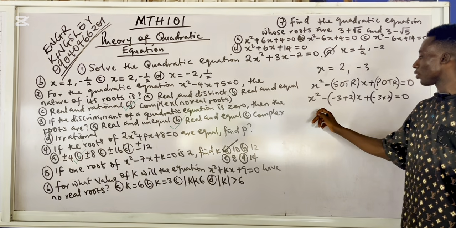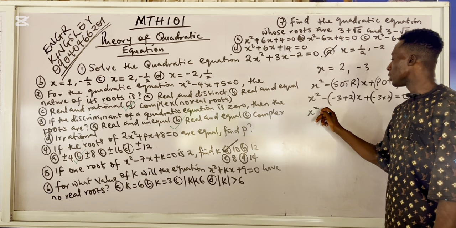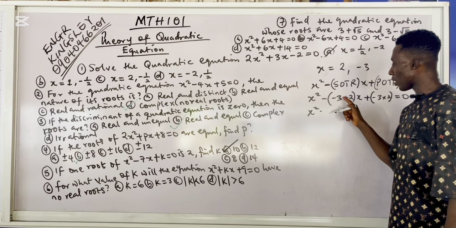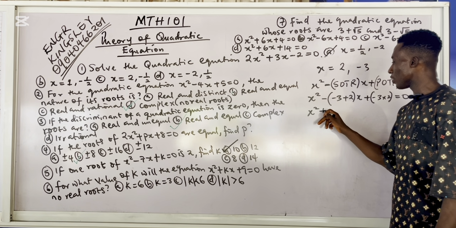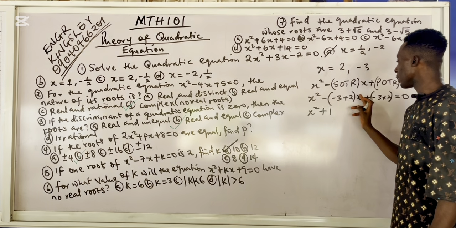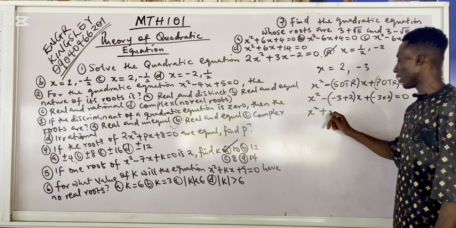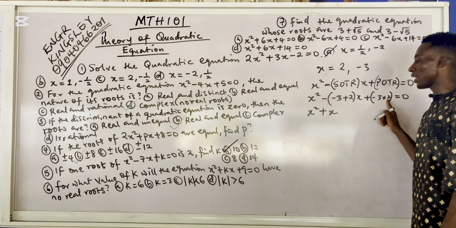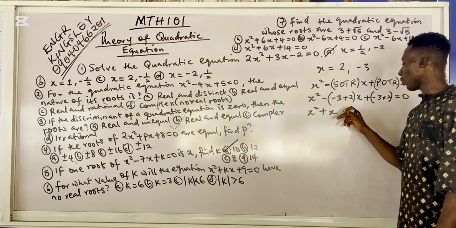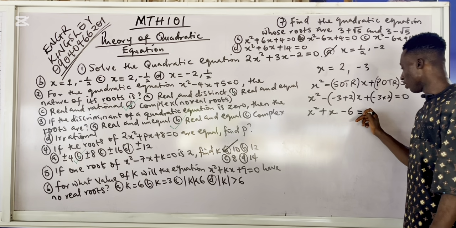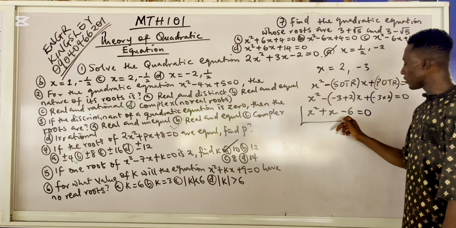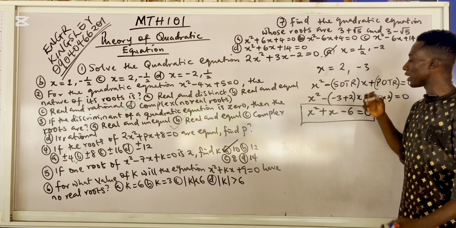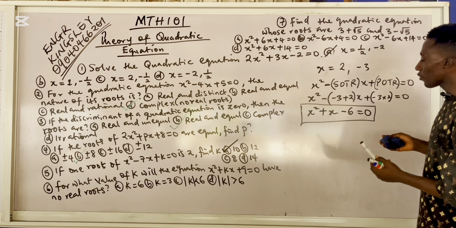So to get the equation, I will have x squared, -3 plus 2 is -1, times minus will give us +1, plus 1 times x will give us plus x. Perfect. Minus 3 times 2 is minus 6, times plus will give us minus 6. All equal to 0. So this is the quadratic equation whose solutions are 2 and -3. Okay, let's go back to our question.